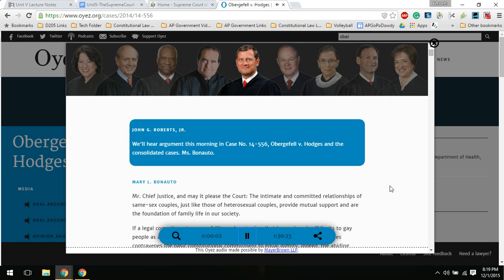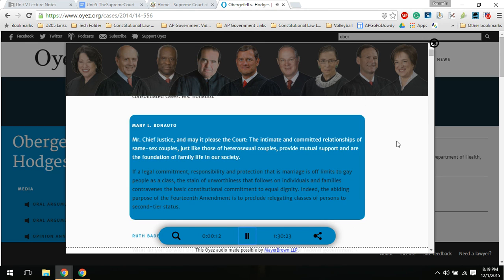We'll hear argument this morning in case number 14-556, Obergefell versus Hodges and the consolidated cases. Mr. Chief Justice, and may it please the court, the intimate and committed relationships of same-sex couples, just like those of heterosexual couples, provide mutual support and are the foundation of family life in our society.